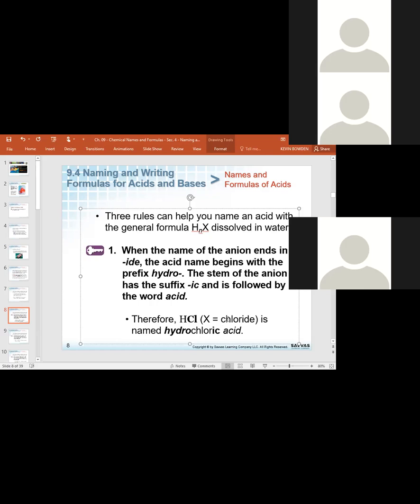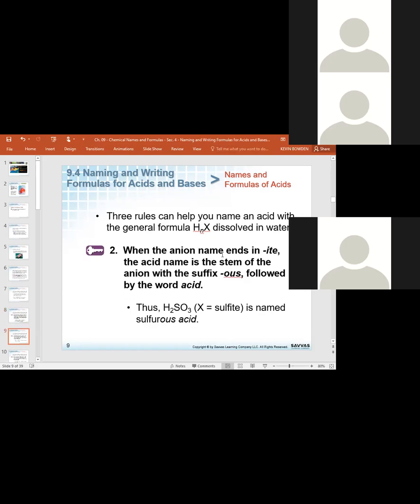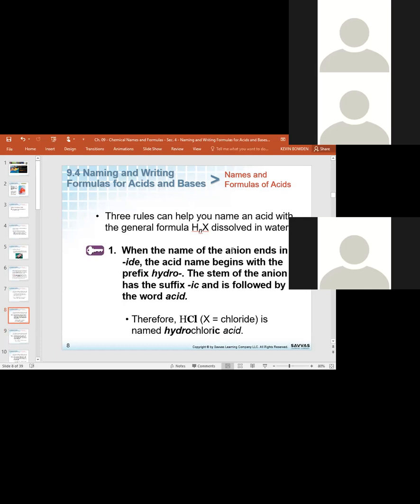And there's hydrosulfuric acid, H2S. Oddly enough, we don't say hydroxyic acid, but that would be another way of saying water. But we don't actually ever say that. So again, that's if the anion is ide.